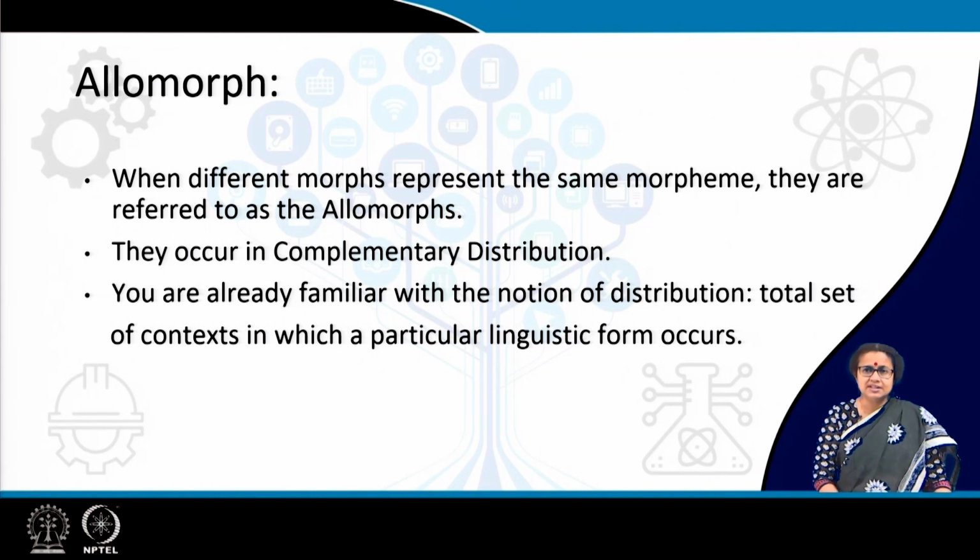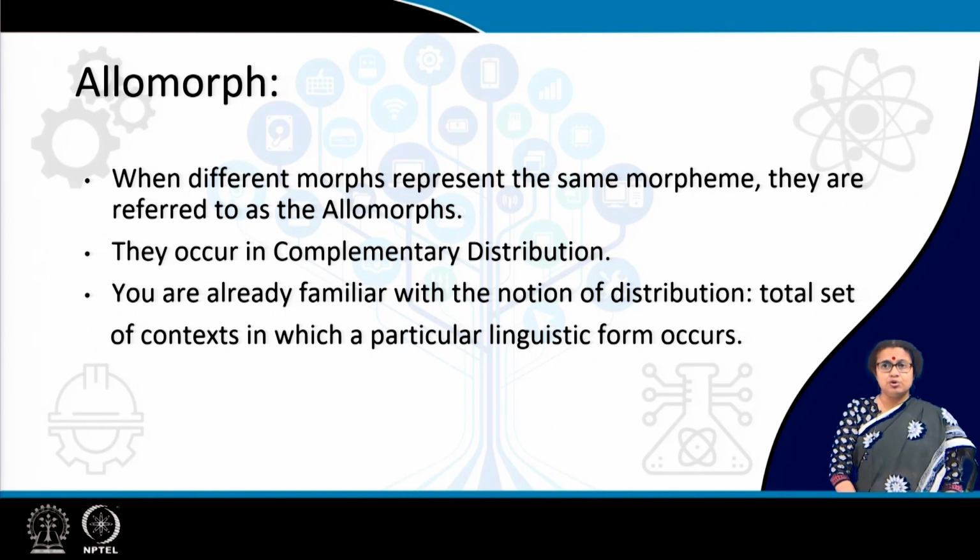If you consider the examples of cats, dogs and roses, s, z and is are representing the same plural morpheme in English, but these are different morphs, different realizations.